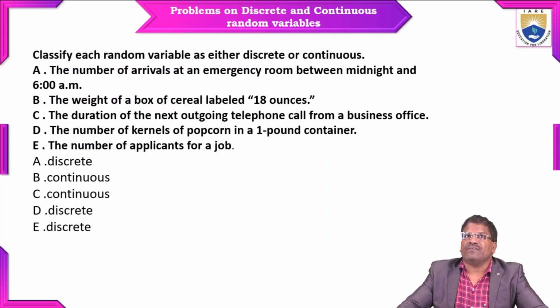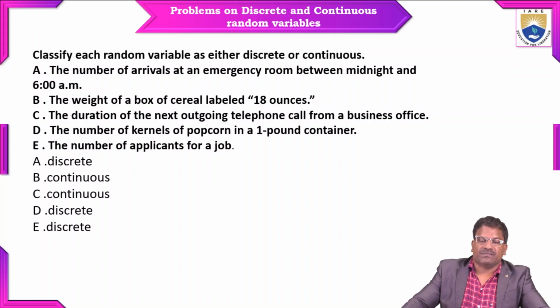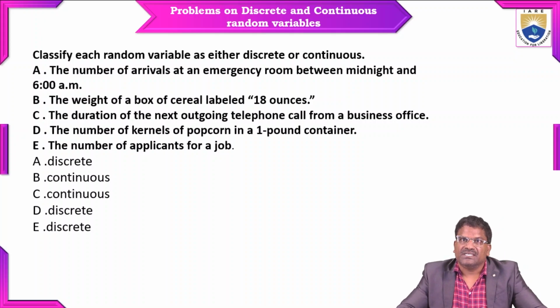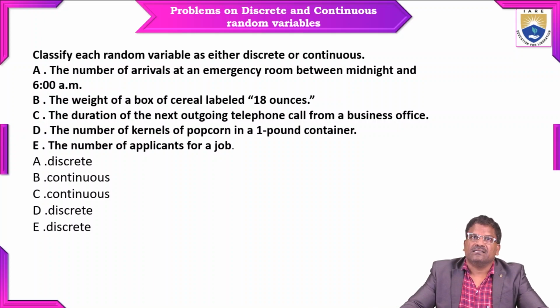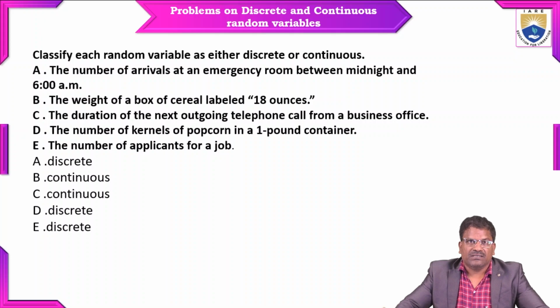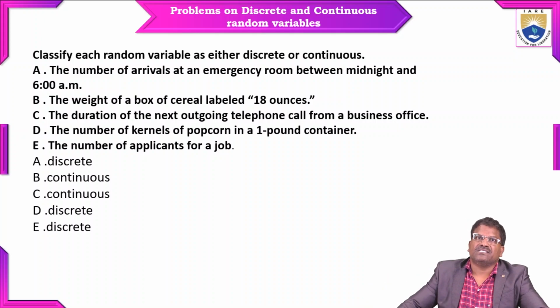Here, the number of arrivals at an emergency room between midnight and 6 a.m. What does it mean? It is discrete because it is countable. Next, the weight of a box of cereal labeled 18 ounces. It comes under a range. That's why it is a continuous random variable.